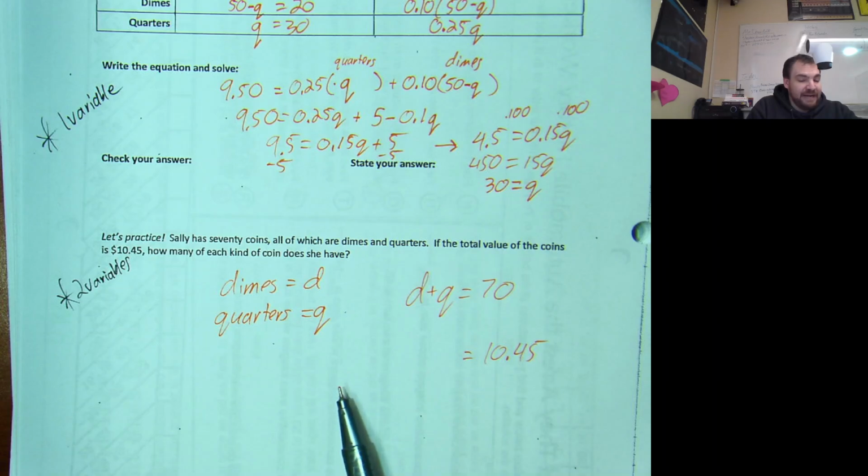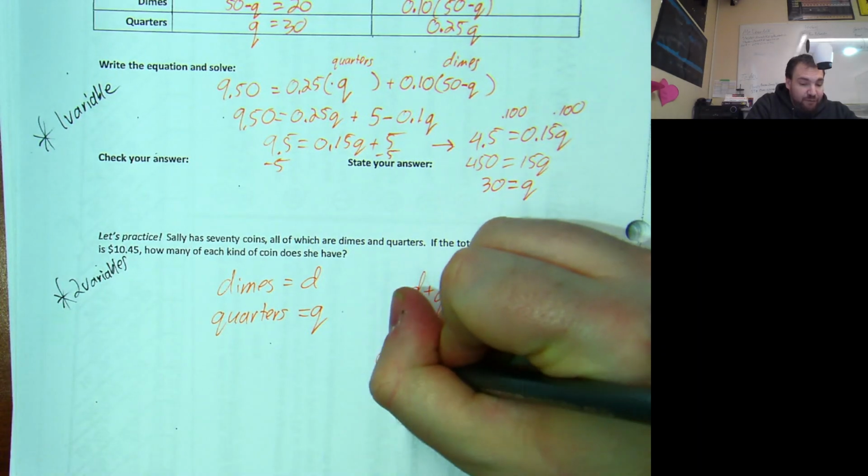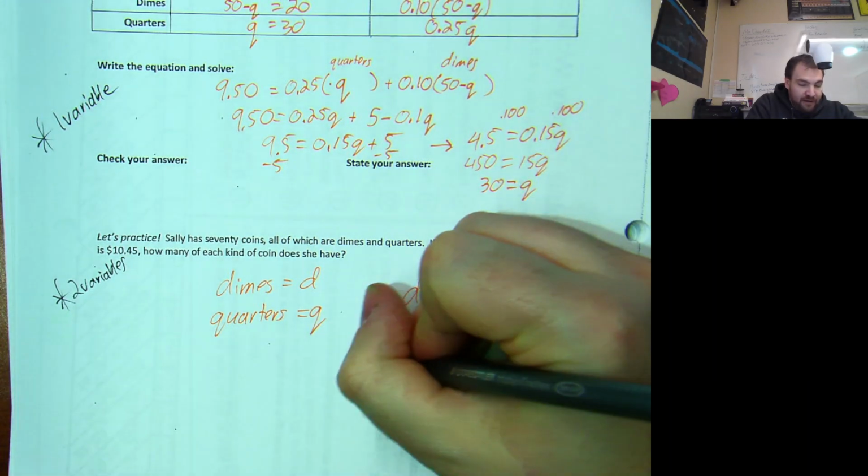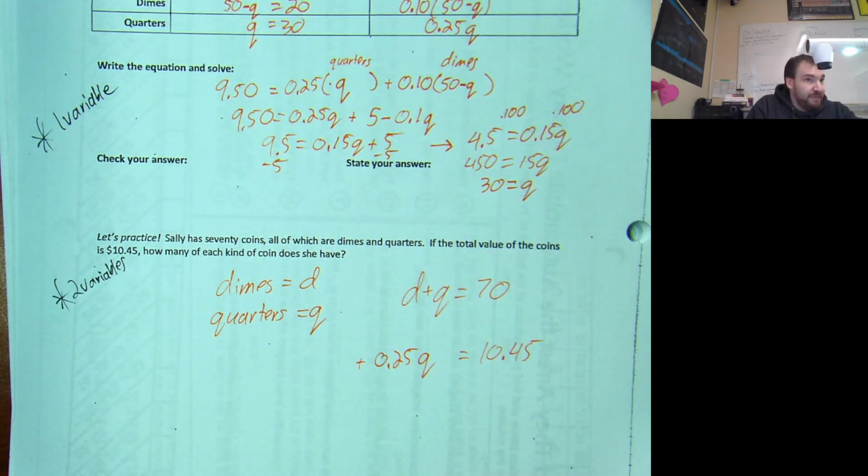How do I take my number of dimes and my number of quarters and convert it into a dollar value? I'm going to take the value for my quarter and multiply it by the number of quarters. Likewise, I'm going to do what with my dimes? And the value of a dime is 0.1.